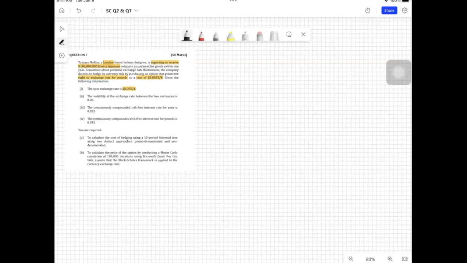Okay, firstly, we'll just look at the pound denominated perspective. Pound denominated perspective means that our strike price is given by 0.0055 pounds per yen, while the current spot exchange rate is 0.005 pounds per yen.